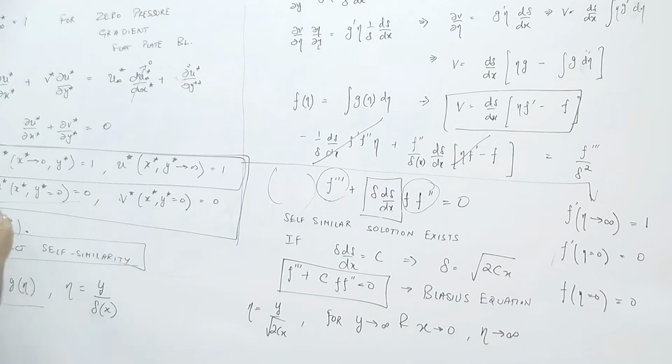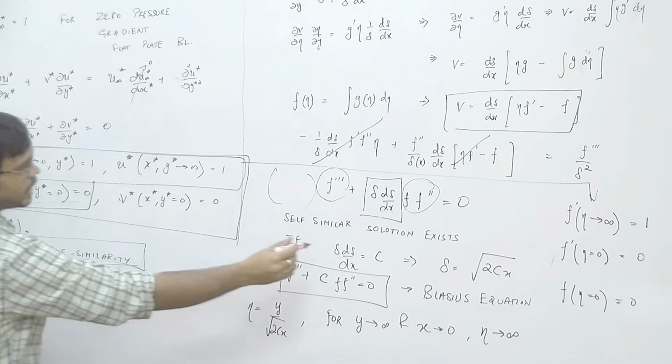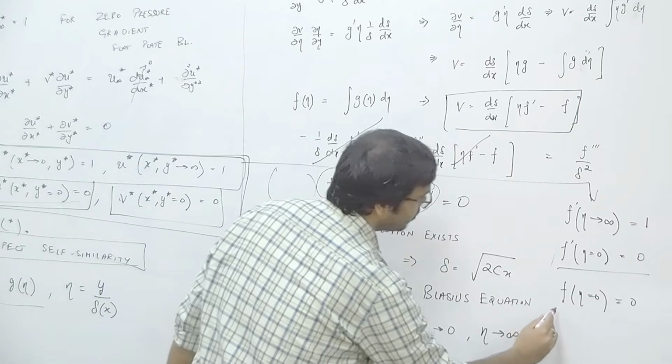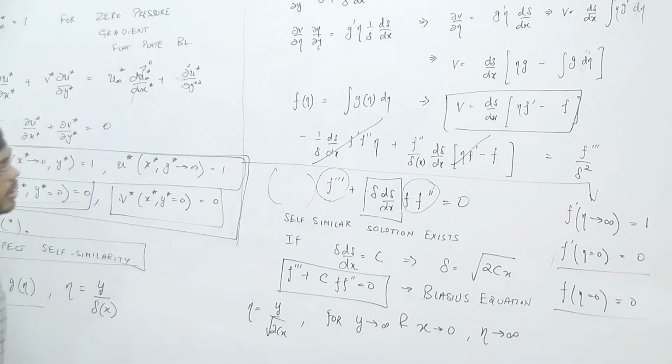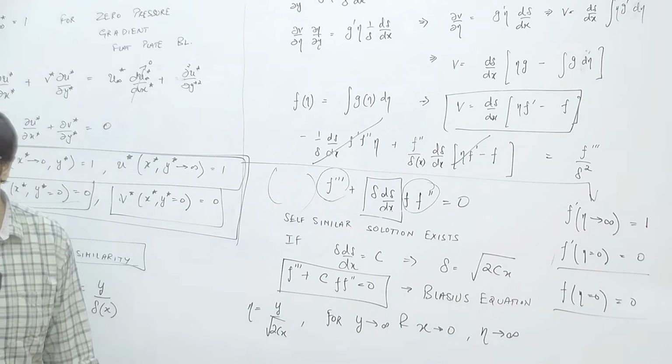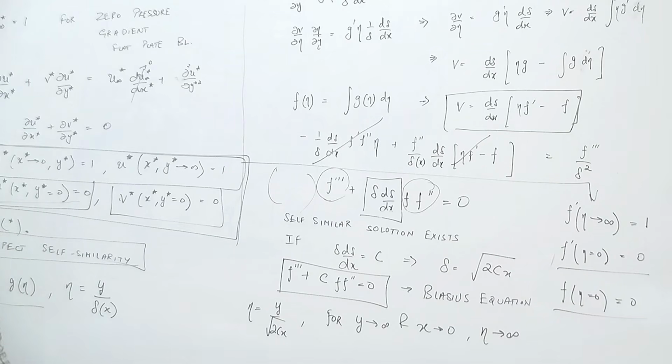Okay. So, this gave us this, and v star equals 0 gives us this, and now we are at our final point where we can conclude that a self similar solution exists to this equation.